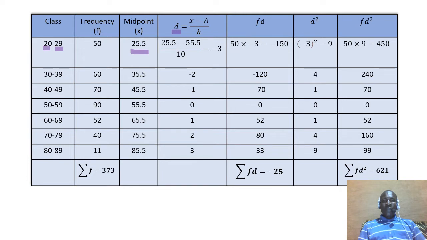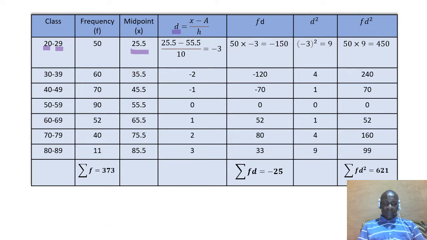To get the column of d, I've used the formula x minus a over h. A is the assumed mean, h is the class width. How do I get a? We have explained that a is an assumed mean. We get it from this column for x.